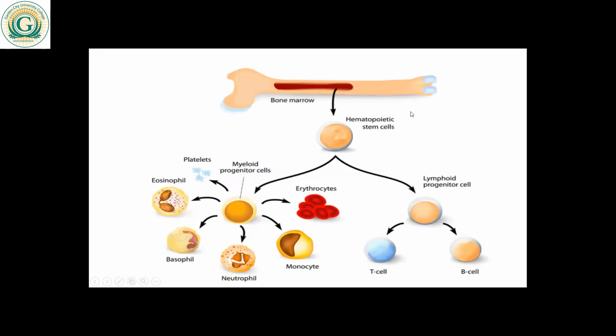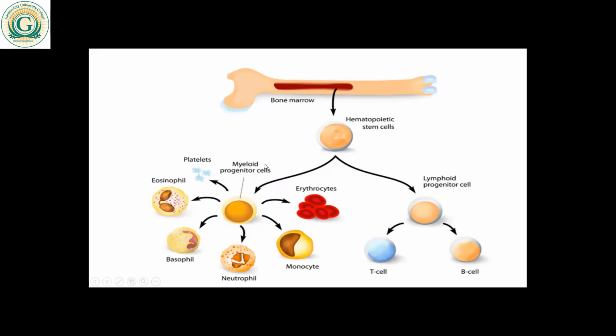So with the hematopoietic stem cell, I made mention that it differentiates into two main progenitor cells. And this is the myeloid progenitor cells and the lymphoid progenitor cell. It's these two cells that differentiate into the different cells that we have.